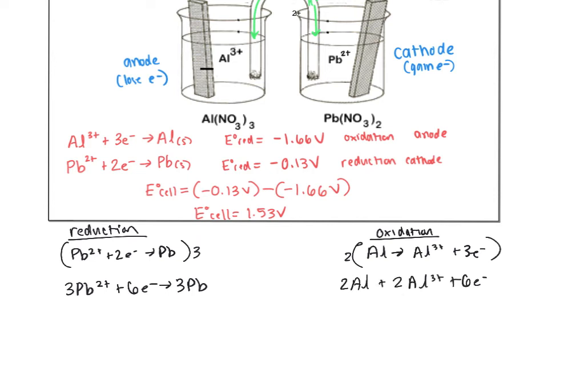That way, when we smoosh, our electrons will cancel out at 6, and we get 3 Pb2+ plus 2 aluminum makes 3 Pb solid plus 2 Al3+.